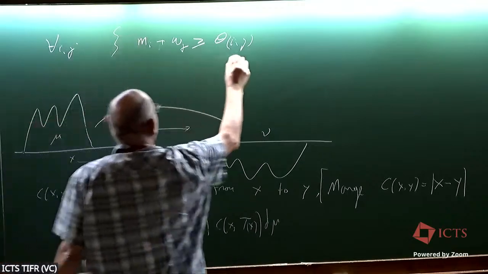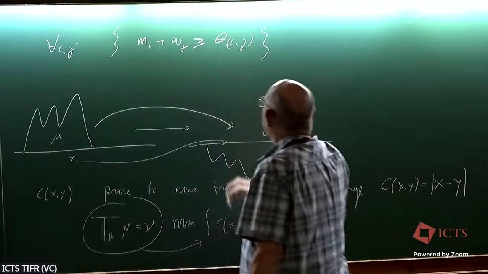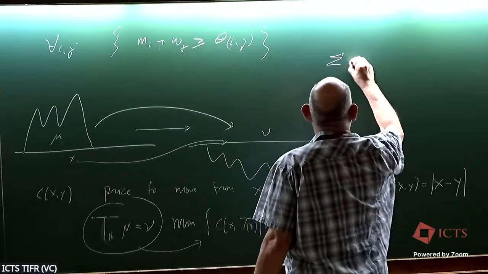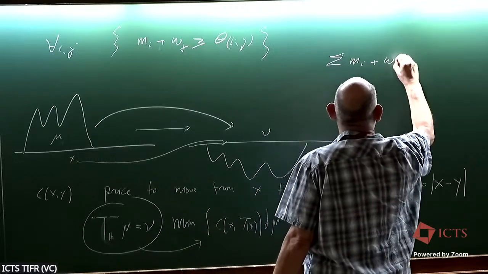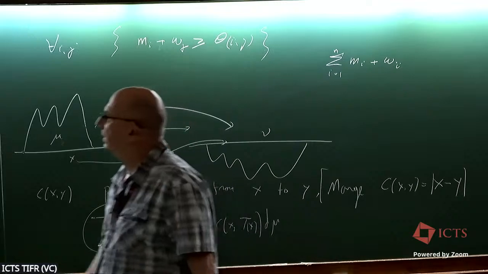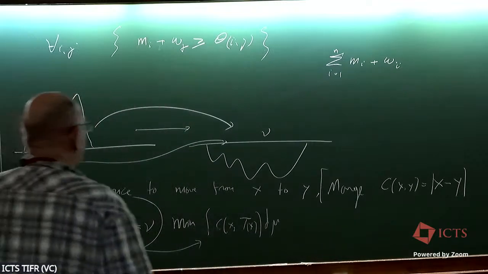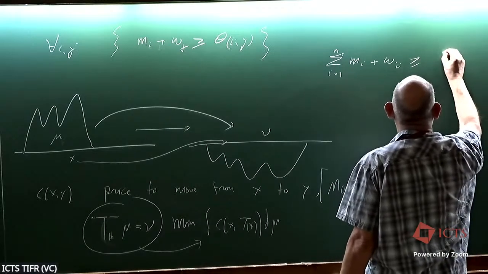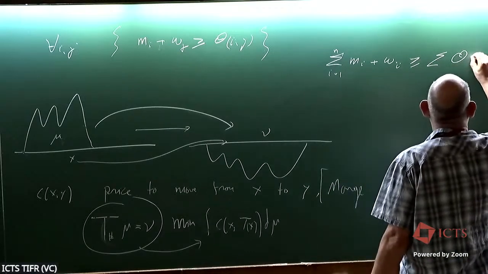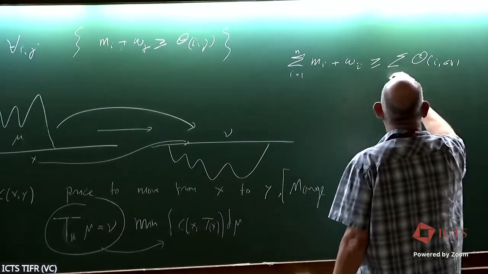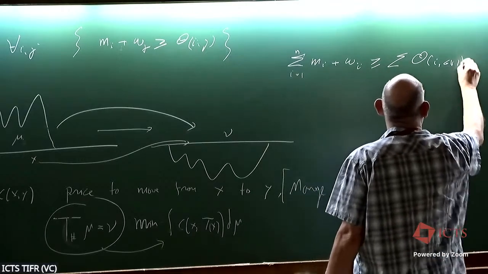If we look for all sets Mi, Wj which satisfy this inequality, the sum of Mi plus Wj will be bigger or equal to the sum of theta i sigma i, the sum from 1 to n.